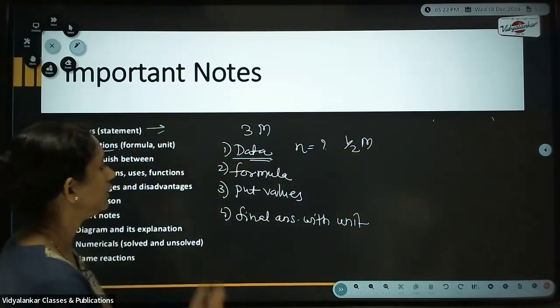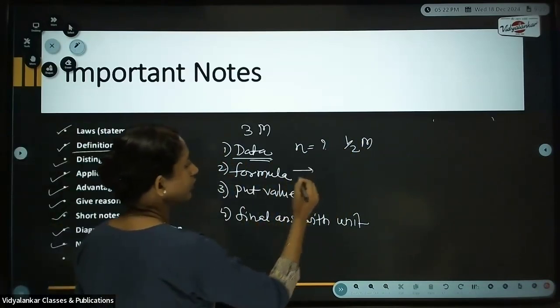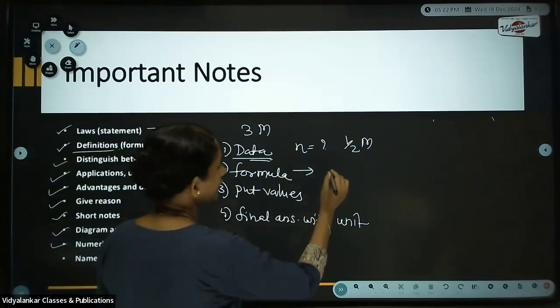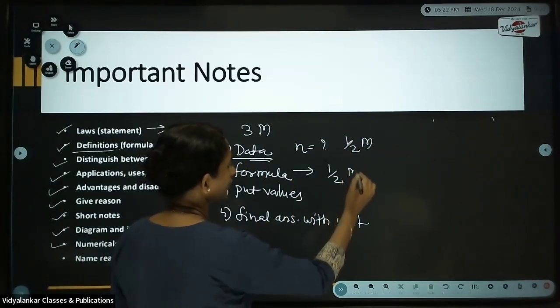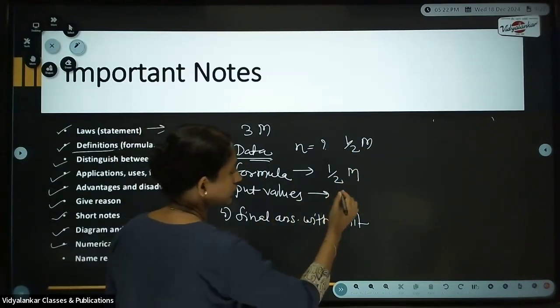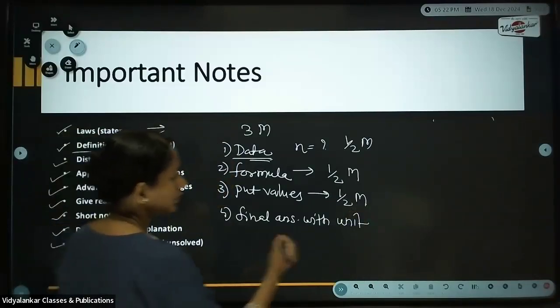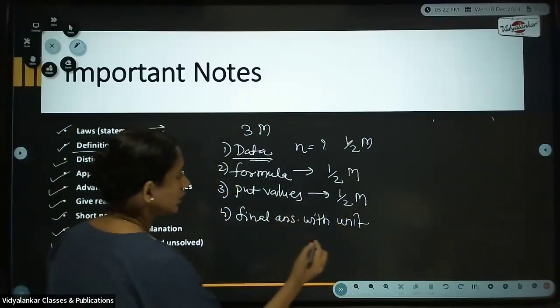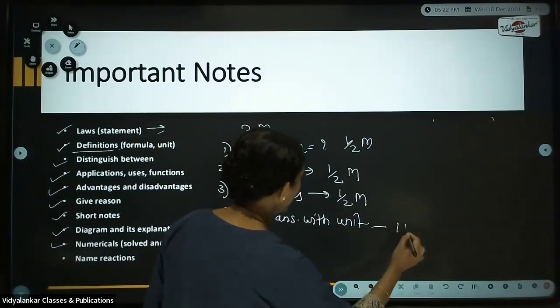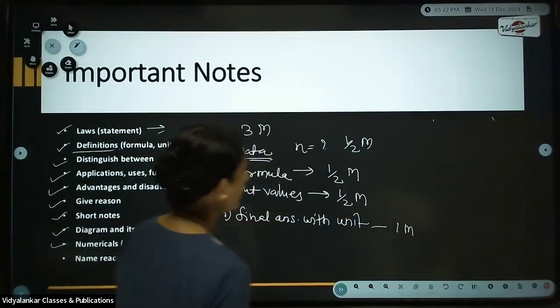Similarly, next the formula carries 1 mark. Then putting values carries half mark. Similar to the 2 mark distribution, the final answer carries 1 mark.